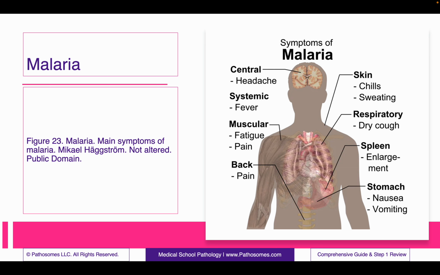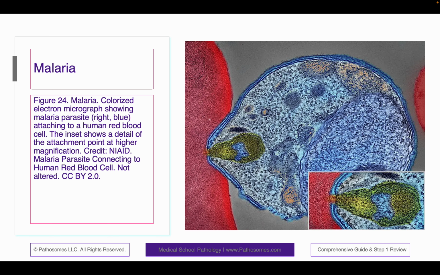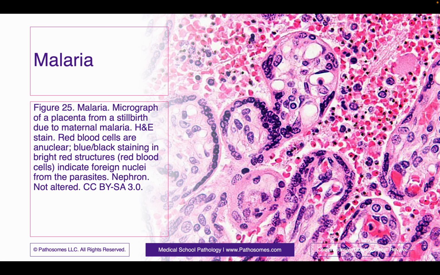Here's a cartoon depicting some of the main symptoms of malaria. And here is a colorized electron micrograph showing the malaria parasite attached to a human red blood cell. Malaria can also result in stillbirths. As we see here, red blood cells that are anuclear, indicating a foreign nuclei from the parasite.